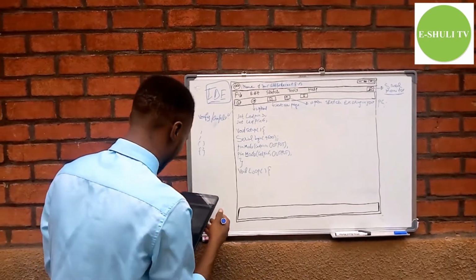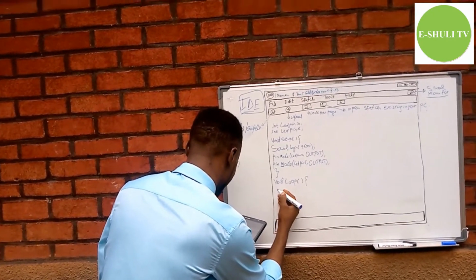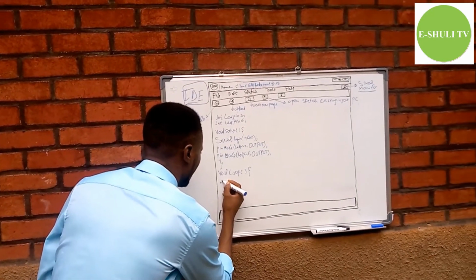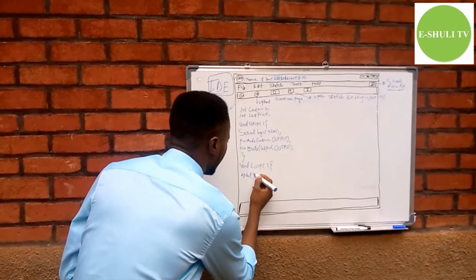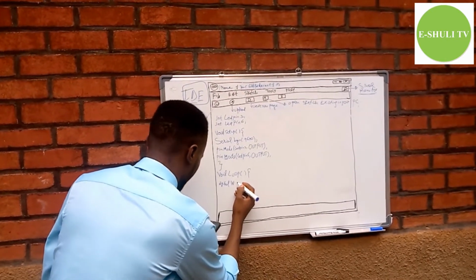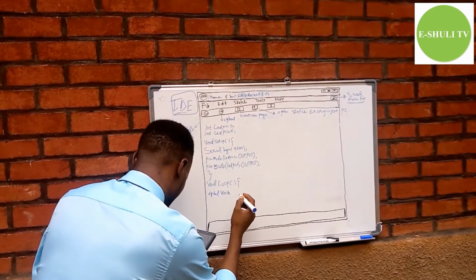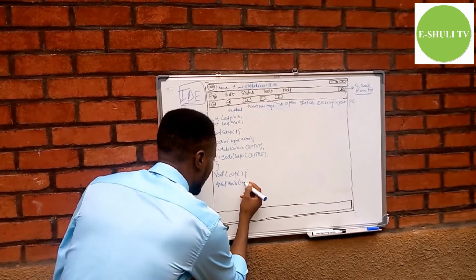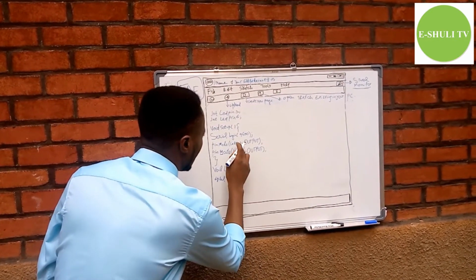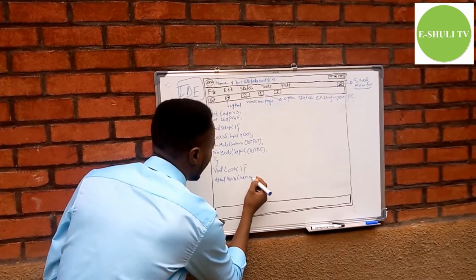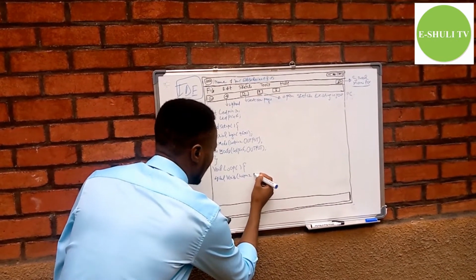So at this stage we say digitalWrite. This W must be a capital letter. digitalWrite, red pin 3 must be HIGH.